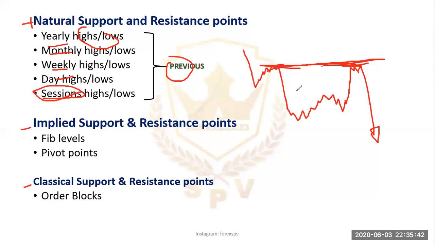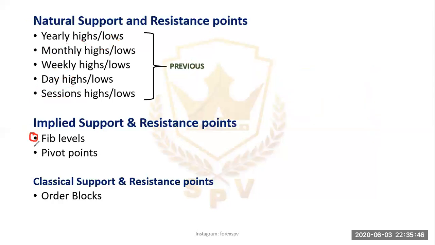And we have the implied ones. The implied support or resistance areas are the ones that speculators look for as areas of interest.